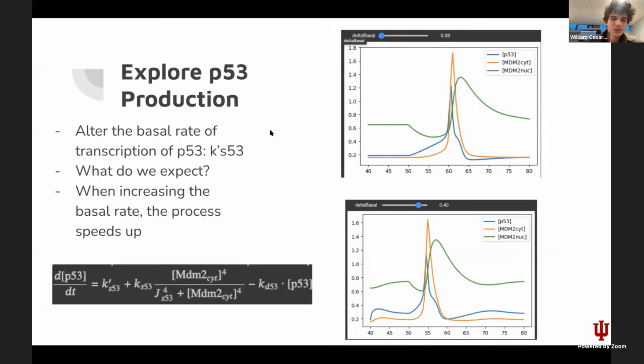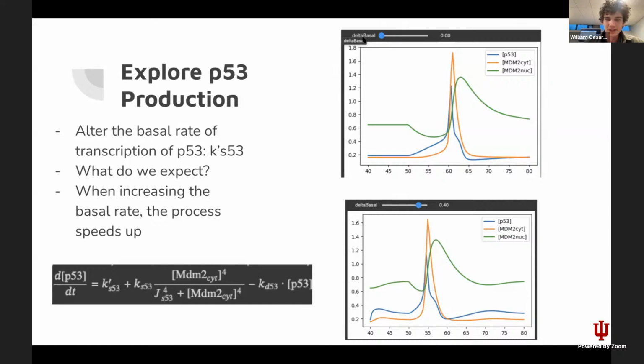Now I wanted to just see what other parameters I could explore within the model. So I chose the basal rate of transcription of P53, which was here. I expect the system to quicken the production of P53, since the basal rate of P53 is increasing, and it does.